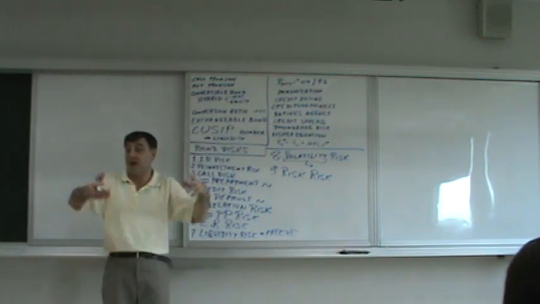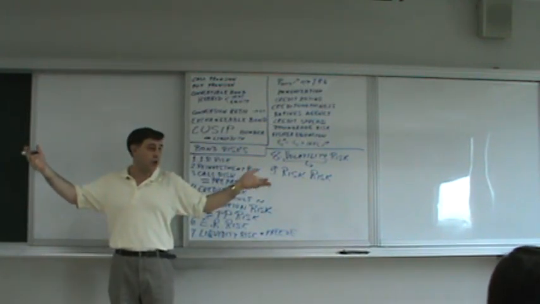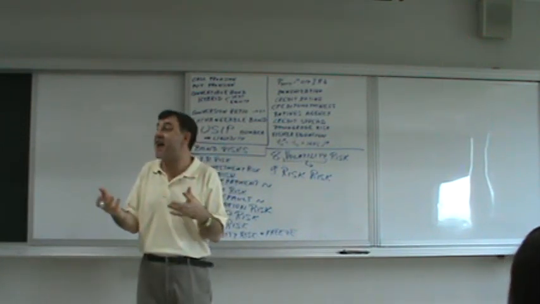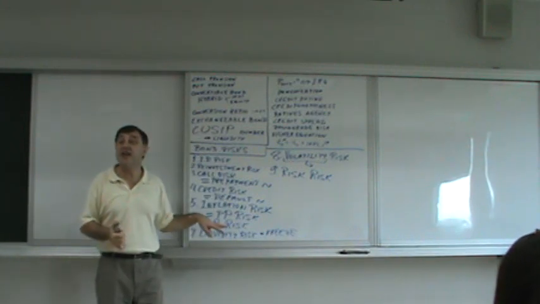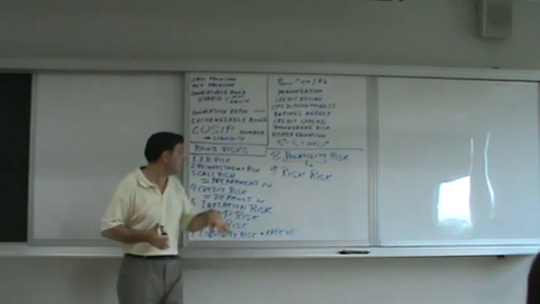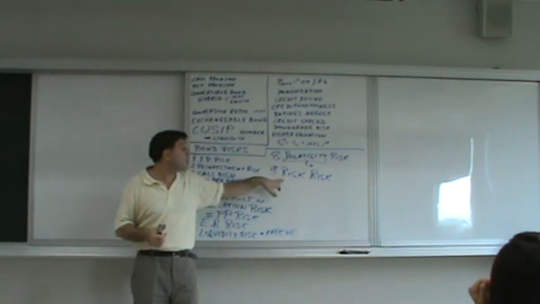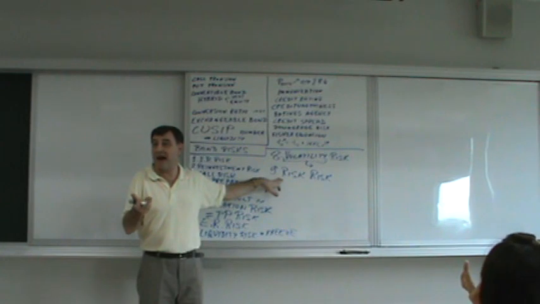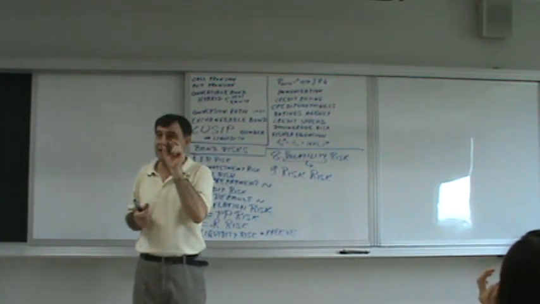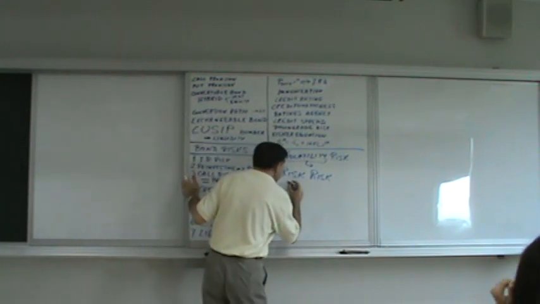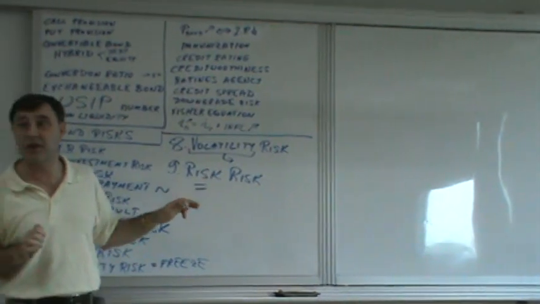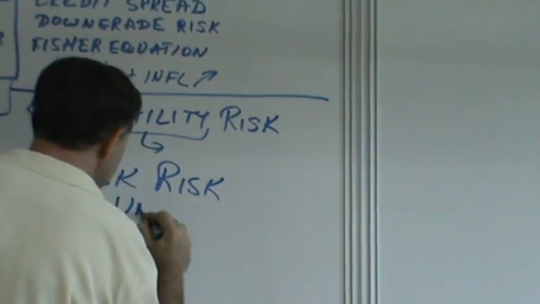There may be a nuclear war going on, which we can't estimate. There may be an earthquake or natural disaster. We can't possibly know all the risks in the world. And this is the risk that we don't know about, that we can't estimate. In the classical theory of finance, this is exactly the same as uncertainty.